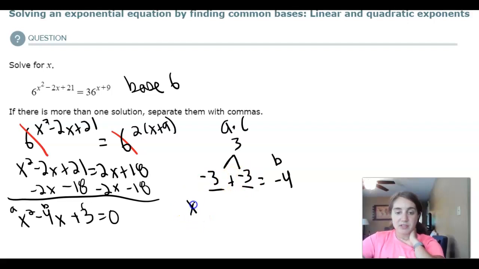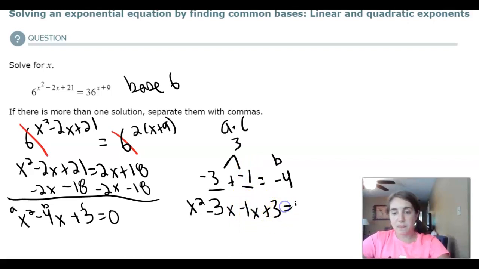So I can rewrite my -4x as... oh, guys, I'm going crazy. This should be a 1. I can group them.